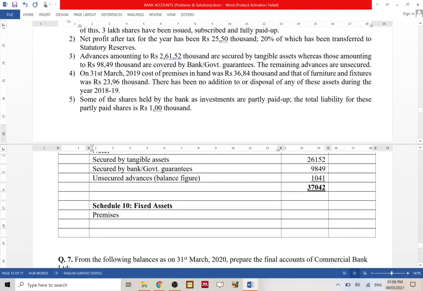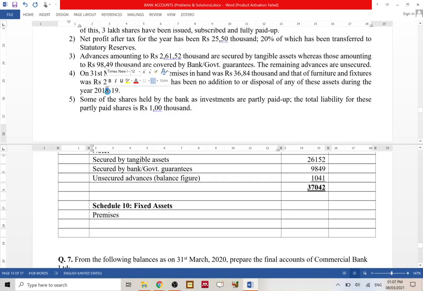Yeah, the beginning of the year, opening balances, the cost of premises was rupees 3684 and furniture and fixtures was 2936. Okay, and there has been no addition to or disposal of any of these assets during the year.